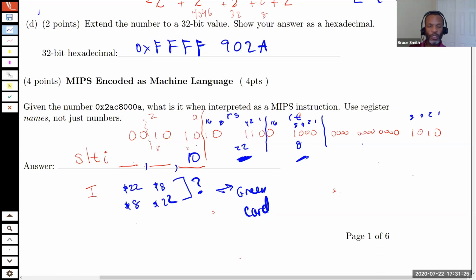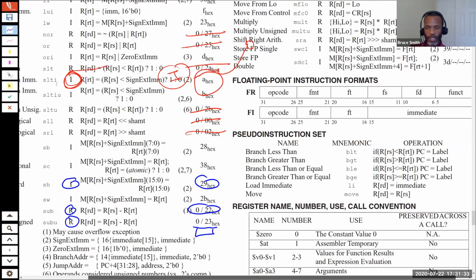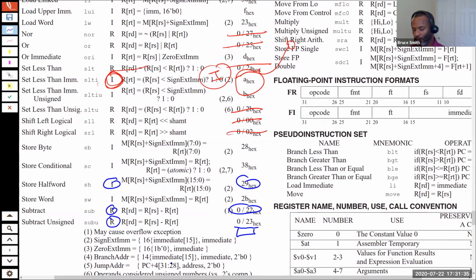So I'm going to quickly drop down to the green card and look at what it says the logic is. In the green card, for the set on less than immediate, it says that the guy who gets overwritten is RT. It's selected by the RT value.